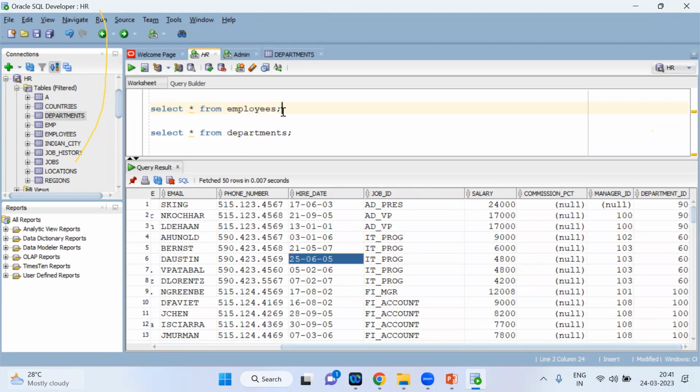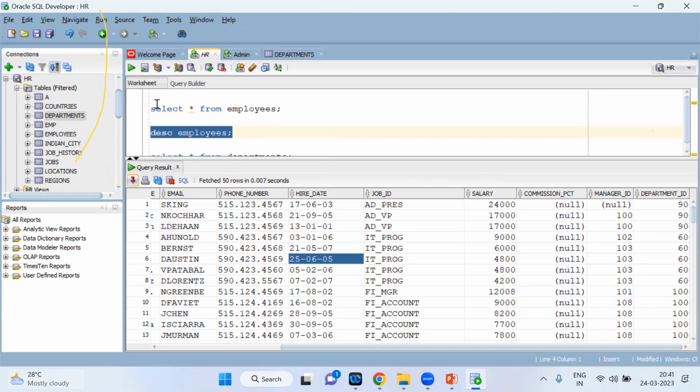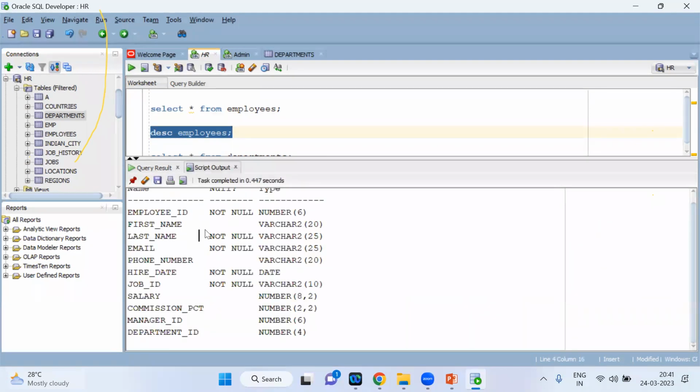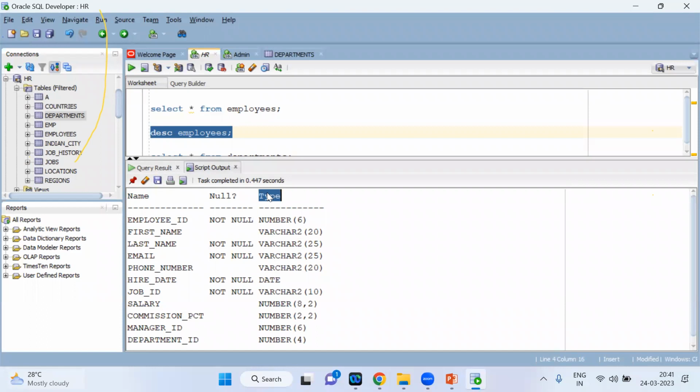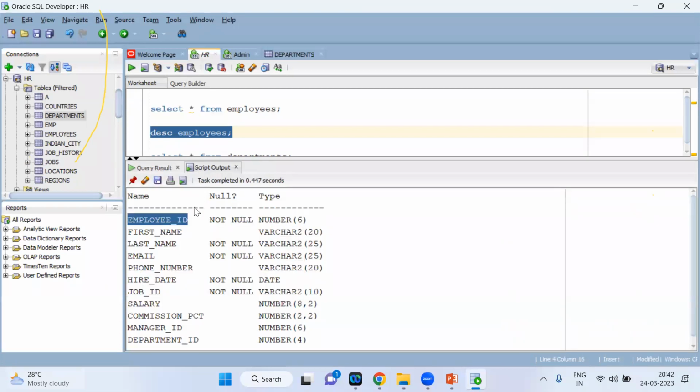Now you can find the data types of this table by describing the employees table. Here you see the data type column. For employee ID, they have mentioned number. Don't look at the not null part; we'll learn that in the constraints chapter.